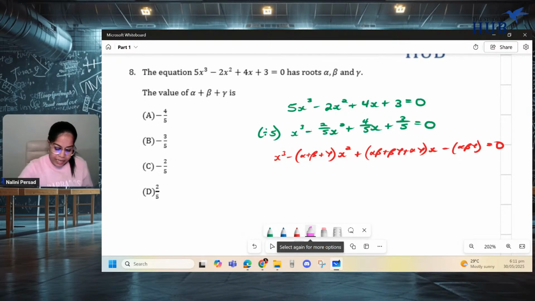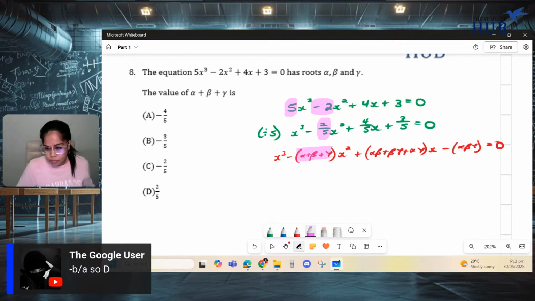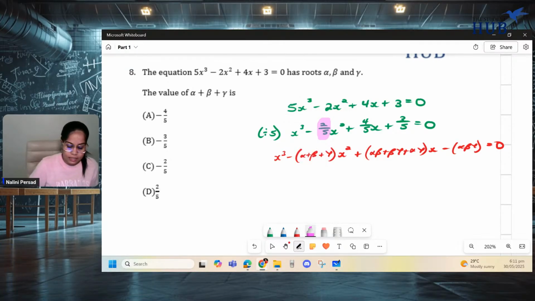So if we compare this, minus and minus lined up, we don't really need to concern ourselves about the signs. The sum of roots is equal to 2/5, which is right. And the next way of doing it would have also been to use your formula, negative b over a. So negative of negative 2/5 is positive 2/5. Right? So the answer is option D.